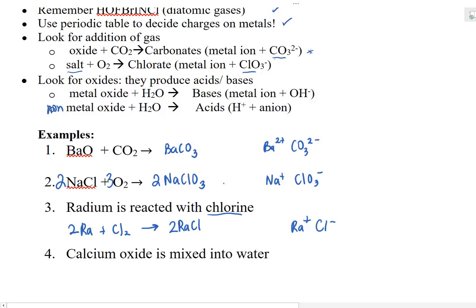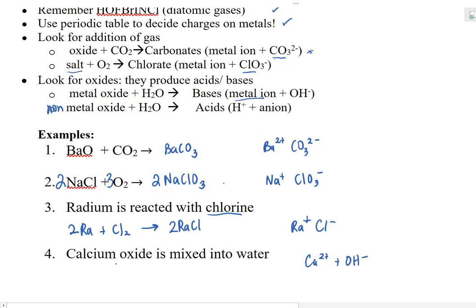Calcium oxide is mixed into water, so when you mix a metallic oxide into water, we produce a base. You need to take the metal ion and join it with hydroxide. So I have Ca2+ and OH-. When I cross over, I get Ca(OH)2.